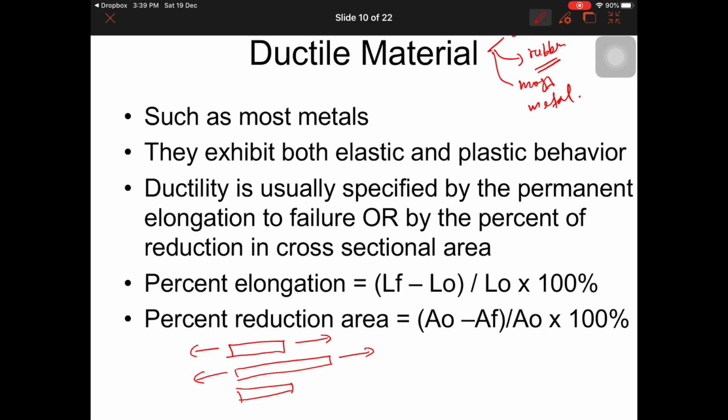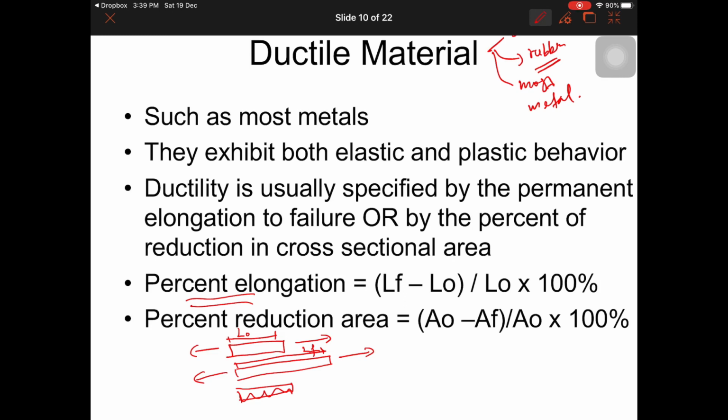So the percent of elongation is basically length final minus length of original, divided by length of original, times 100. Alright, and also percent reduction of area.